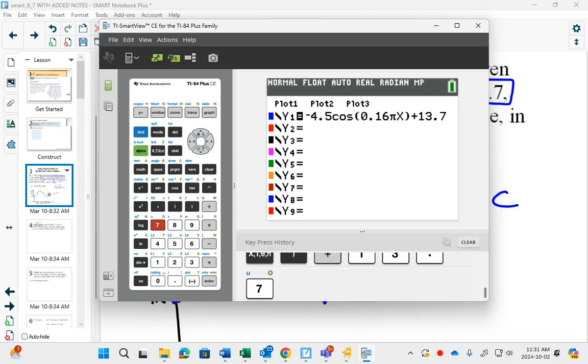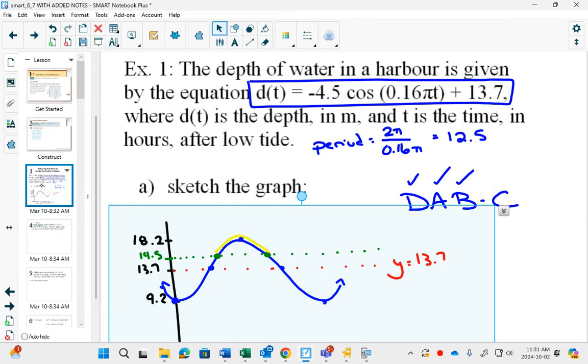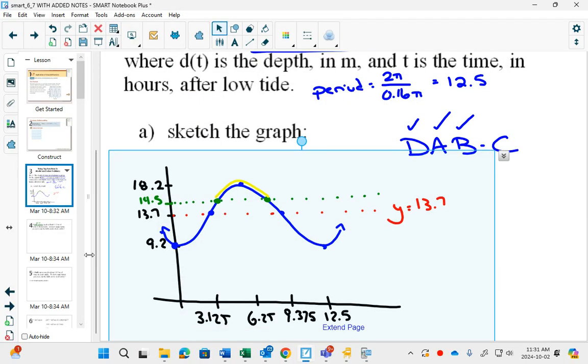Next, if you hit the graph button, most likely this is what you're going to see. If you hit your graph button, you just see a little tiny bit. Because what happens on the graphing calculator is normally it shows you from minus 10 to 10 and minus 10 to 10.